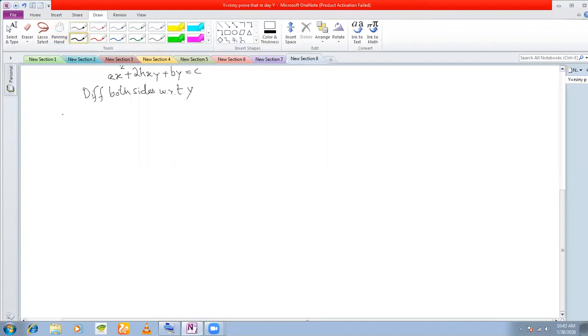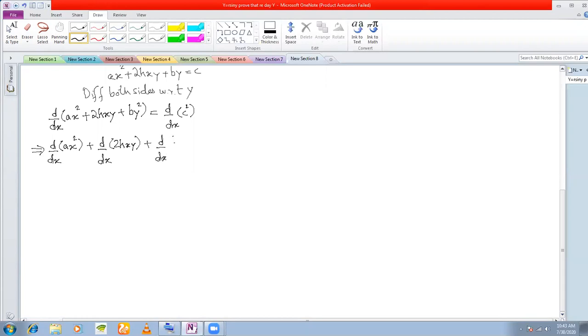So you get d/dx of ax square plus 2hxy plus by square is equal to d/dx of c square. Next, d/dx of ax square plus d/dx of 2hxy plus d/dx of by square is equal to 0.